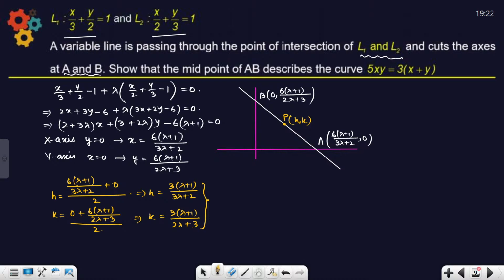One very easy way, if nothing is coming right now: all you do is you simply find out what lambda is from this equation. Let me cross multiply.